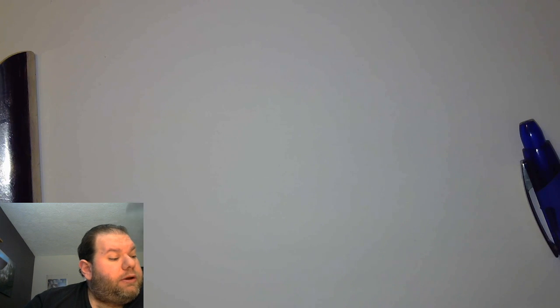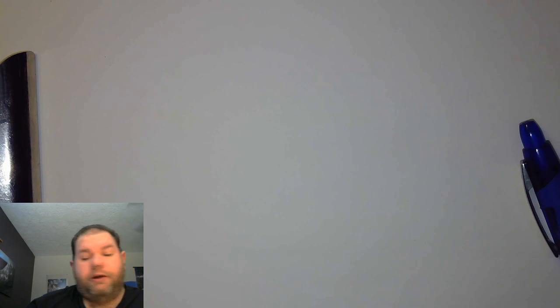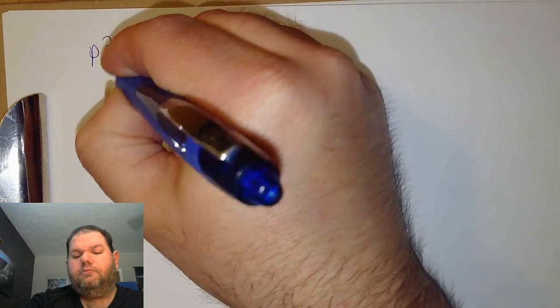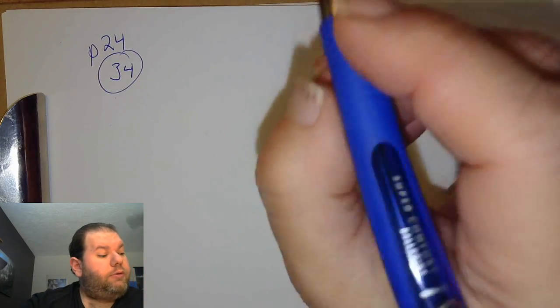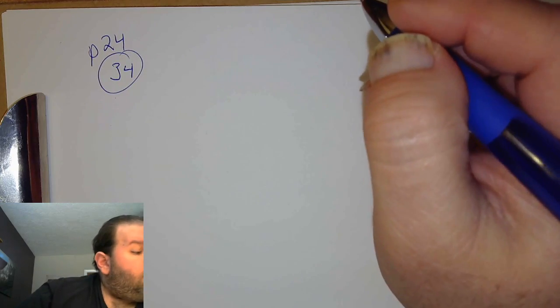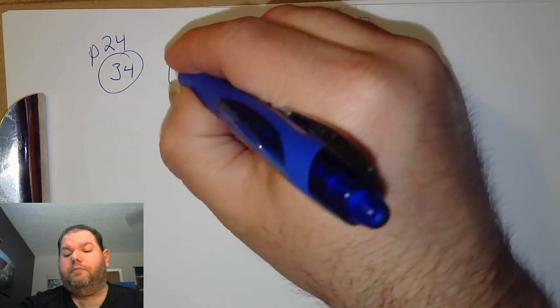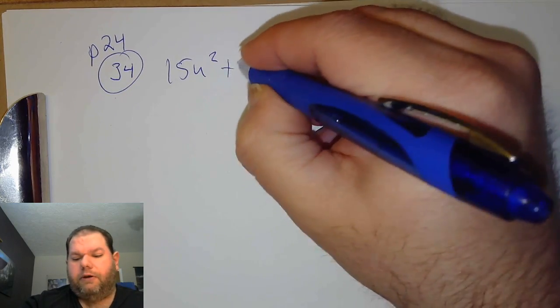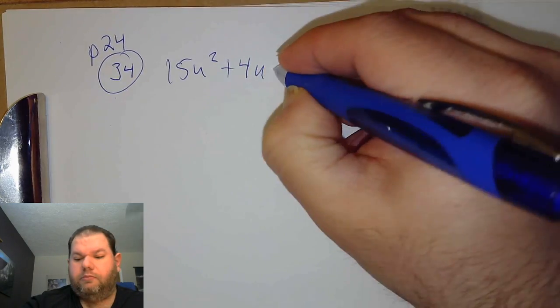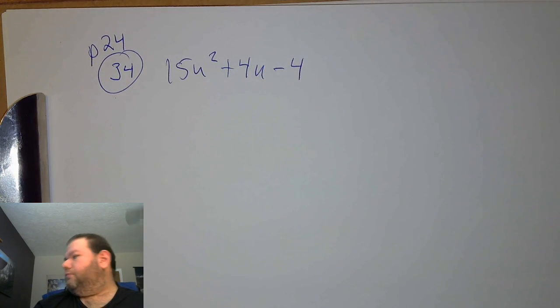Let's see, this will be number 34 on page 24. And we have 15u squared plus 4u minus 4.